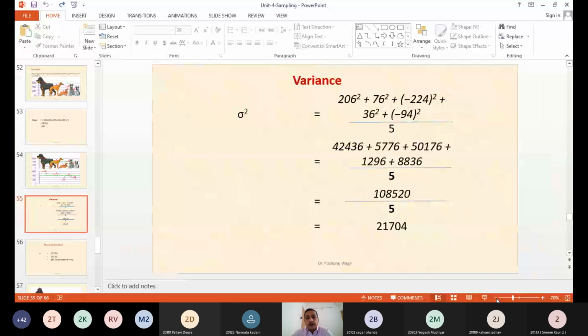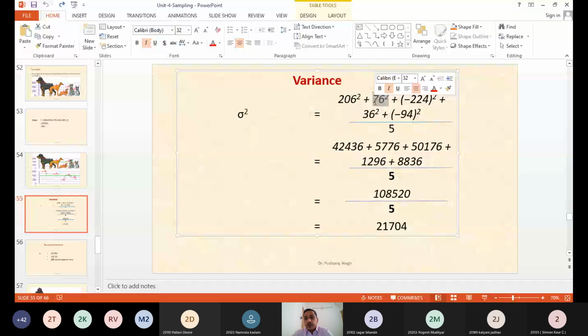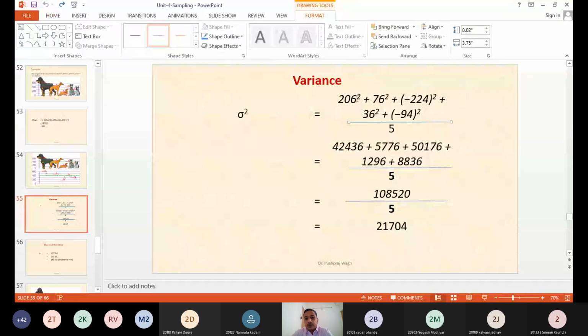These are the distances from the mean, and we are making a square of it. So square of 206, square of 76, square of minus 224, square of 36, and square of minus 94, and we will divide it by total number because we want average.